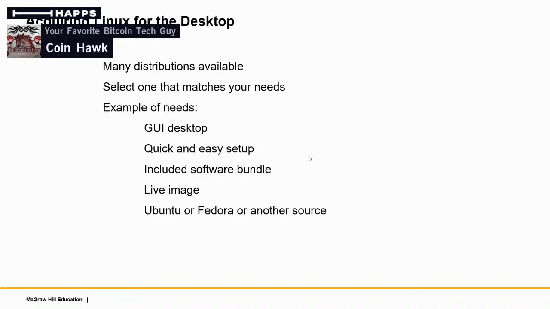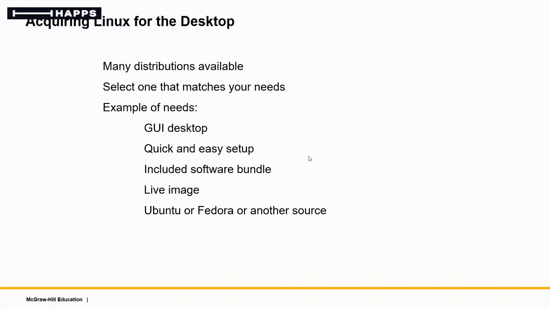There was one period of time where it's available as a live image, that you see on this list here. And that is a whole operating system on a CD-ROM drive or a DVD type of drive. And you could pop that into a desktop or laptop that had a DVD drive, right?